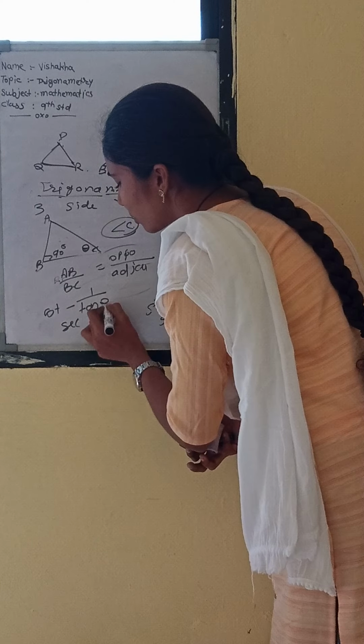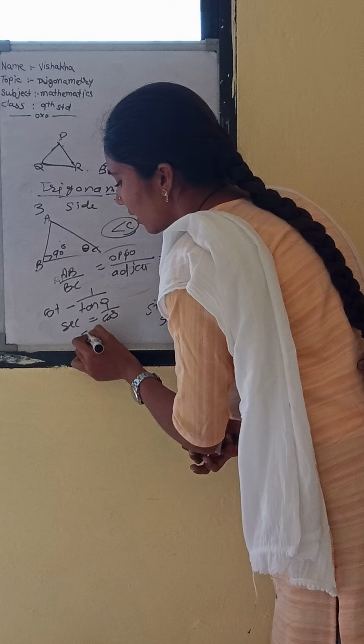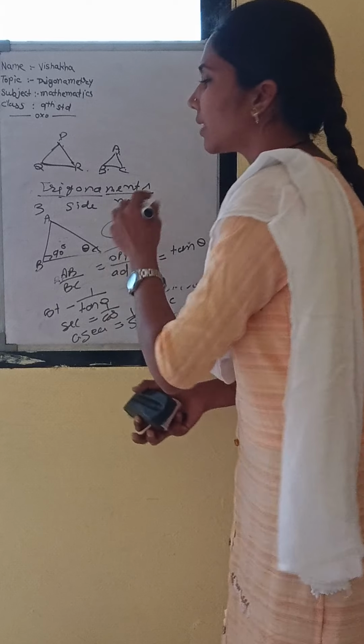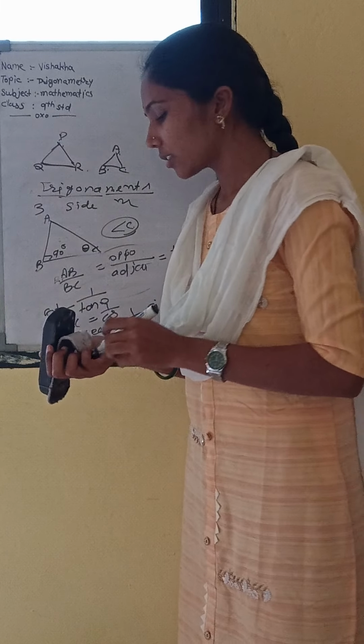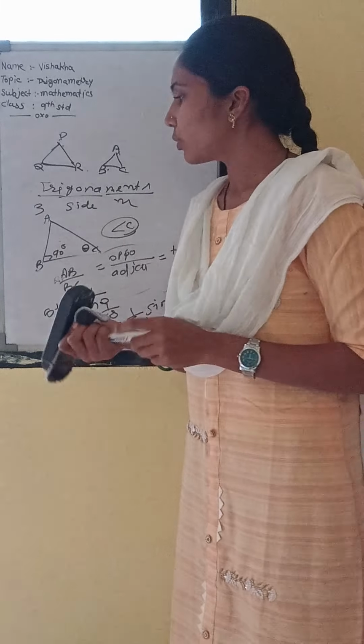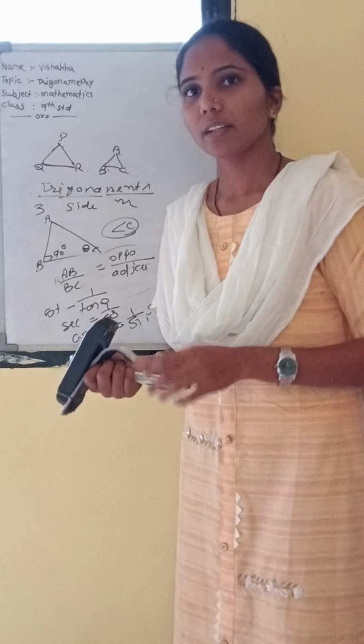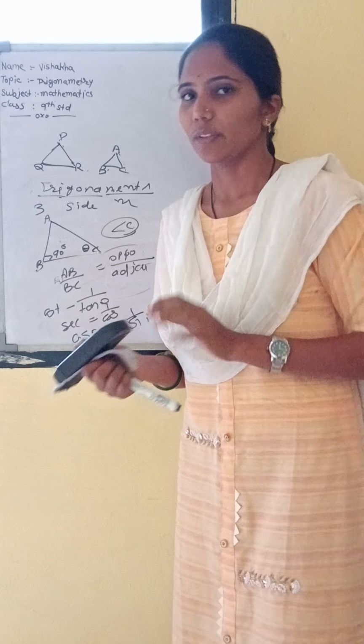Sec theta is the inverse of cos theta, and cosec theta is the inverse of sin theta. These are the six trigonometric ratios which are used to find the measurement of the sides. Concept clear, students? Thank you.